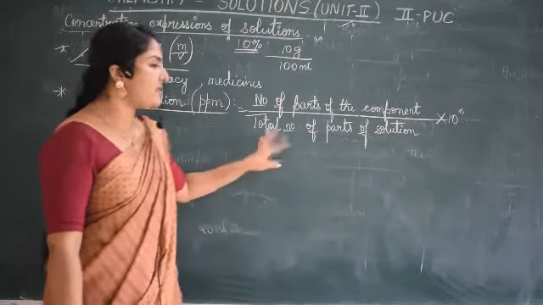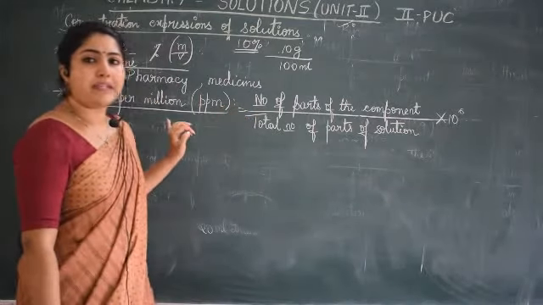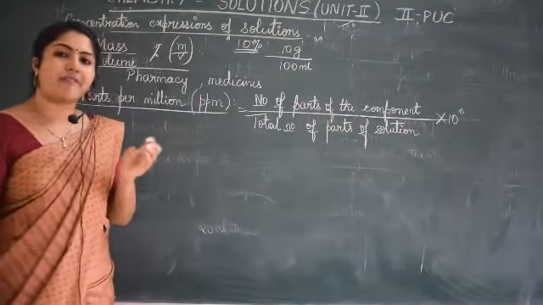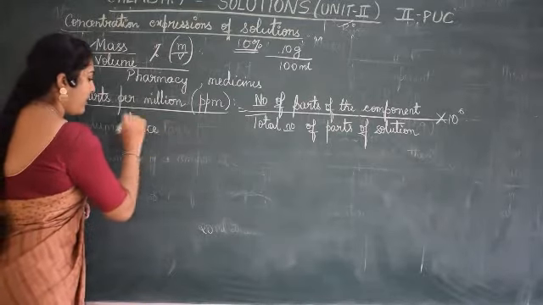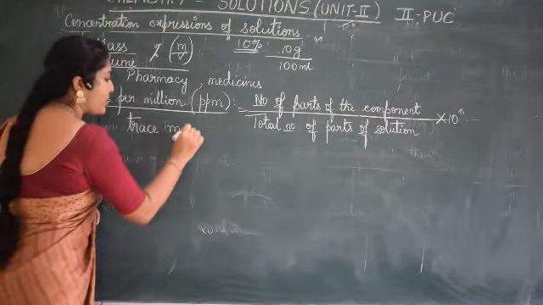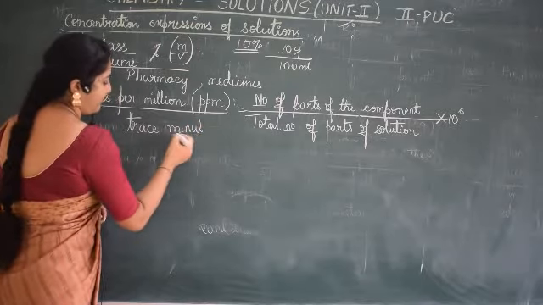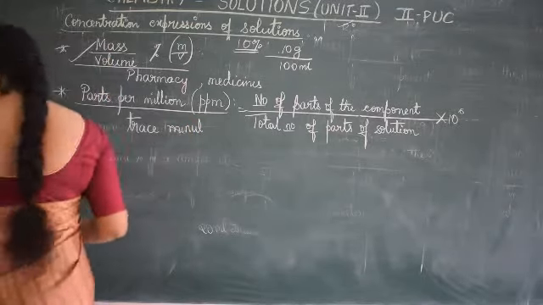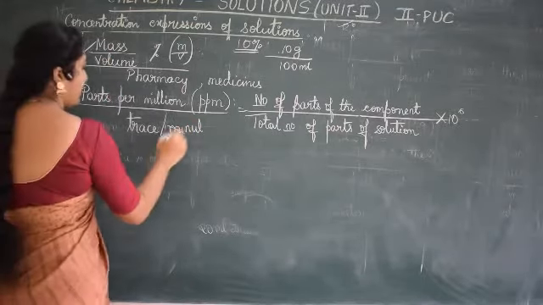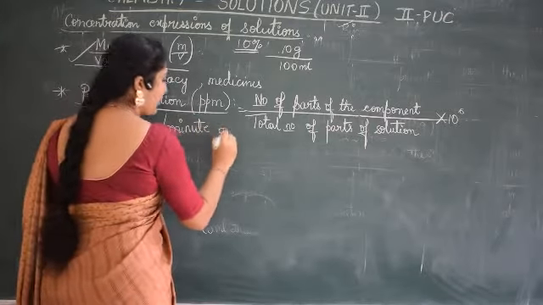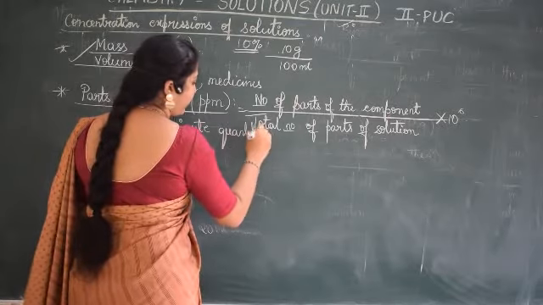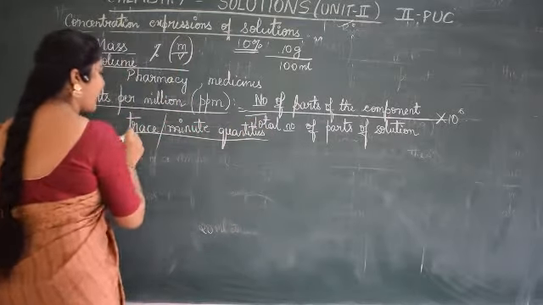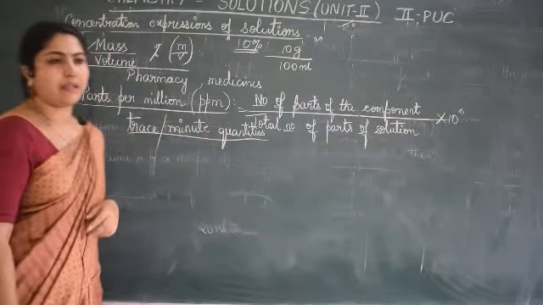You know where it is used? Parts per million is usually used when you have trace quantities or minute quantities of substance to measure. Trace or minute quantity can be expressed in terms of parts per million.